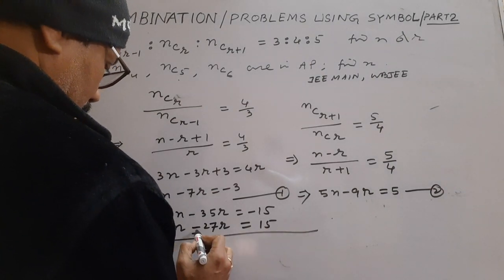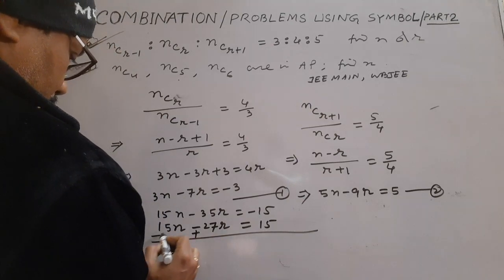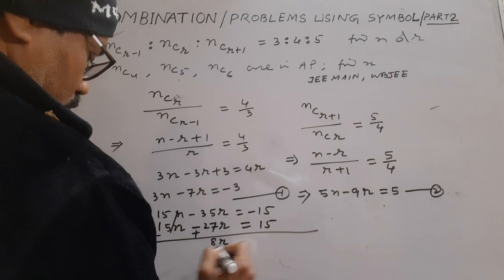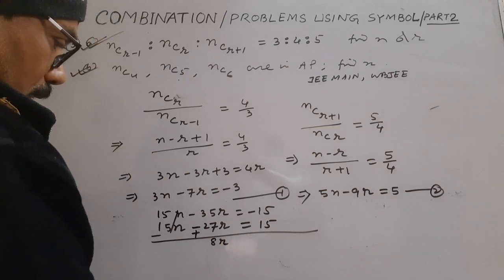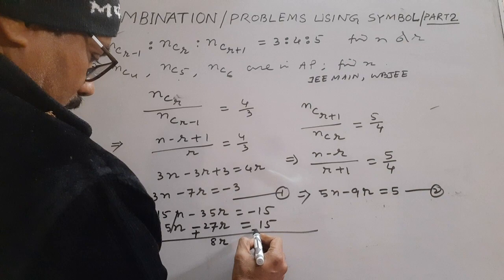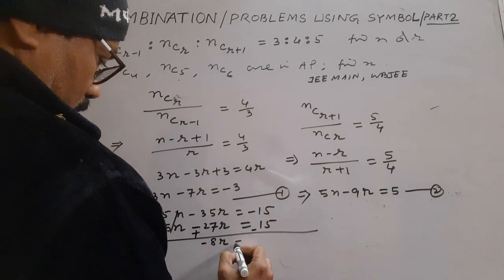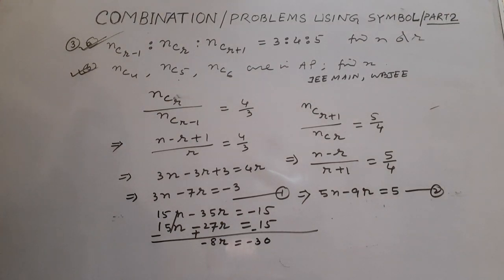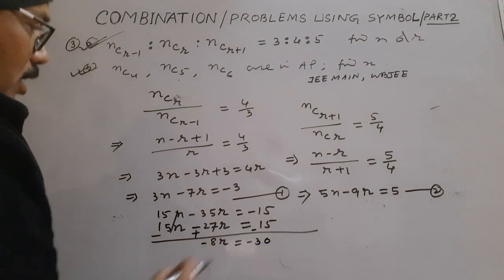So subtracting, we get 8r equals minus 30. So let us verify again. r is not an integer.